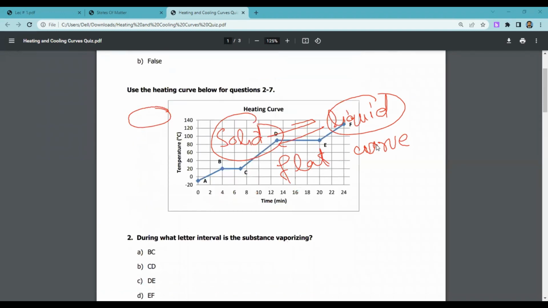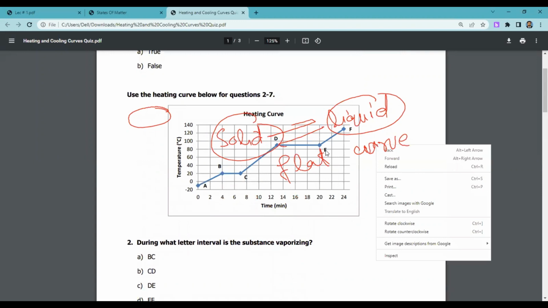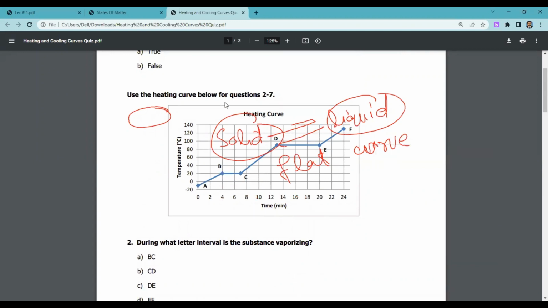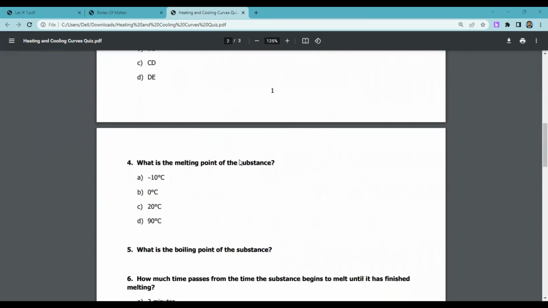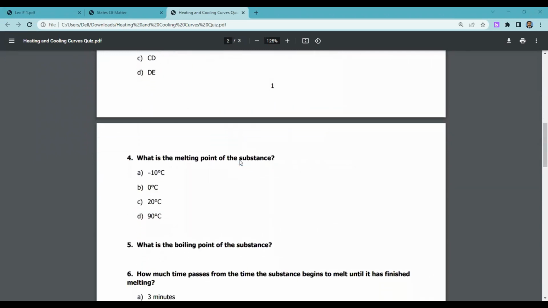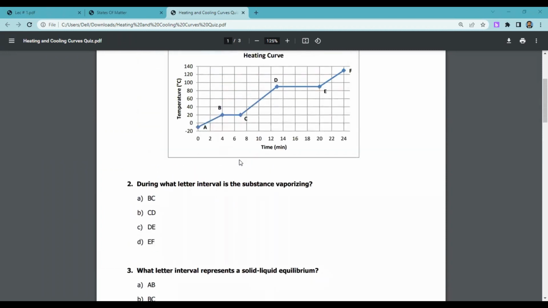You can see here, this is the BC curve. At this point the substance is converting. Now what is the melting point of the substance?